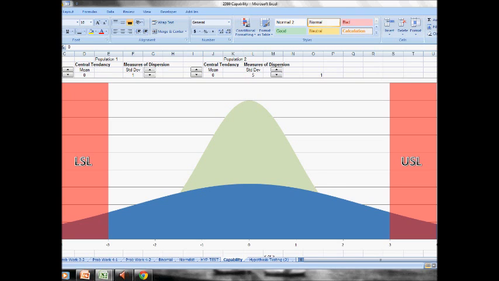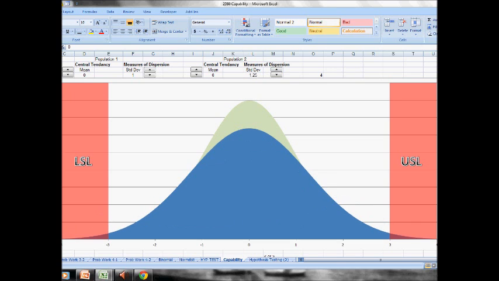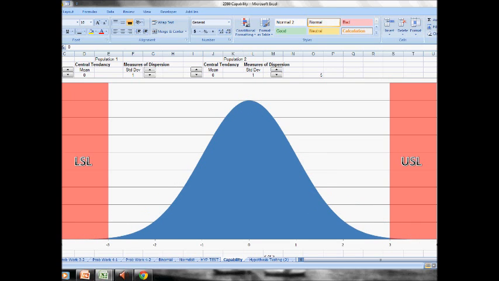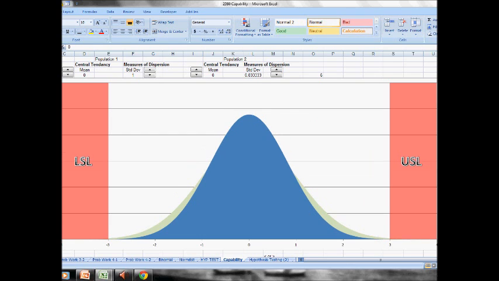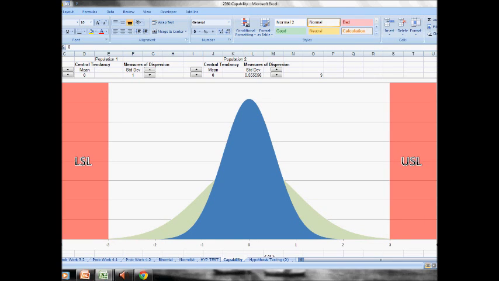But as your standard deviation gets worse, obviously it can get much worse, but as it gets better and as your distribution gets tighter, you get a CP of 1. Let's say it's even tighter than the spec spread. For example, watch the blue distribution here. Let's say your spec spread is 6, but your process spread is only 4.